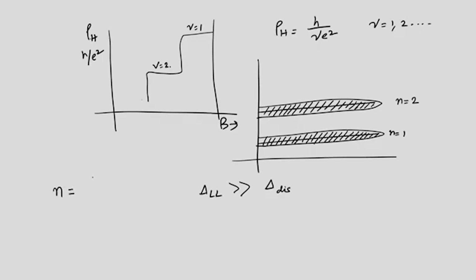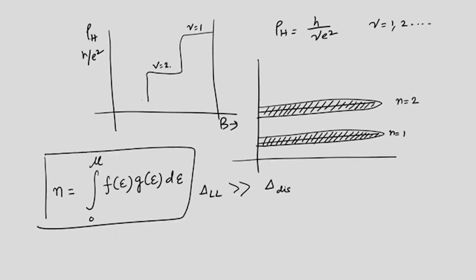density. The density is given by some Fermi distribution function multiplied by the density of states, and you integrate over all E from 0 to mu. That gives you the total number of electrons, or the charges, present in the system.